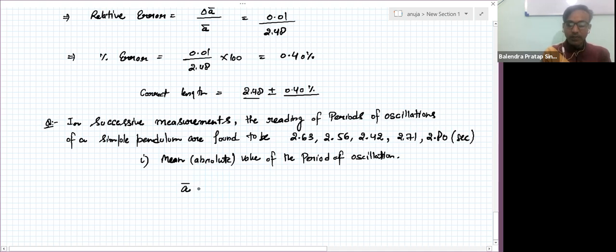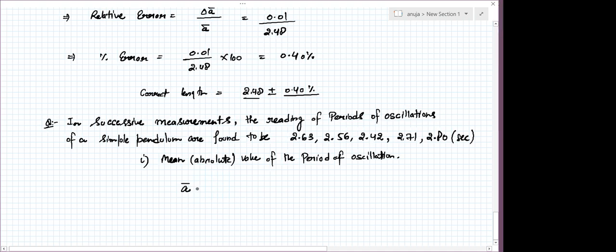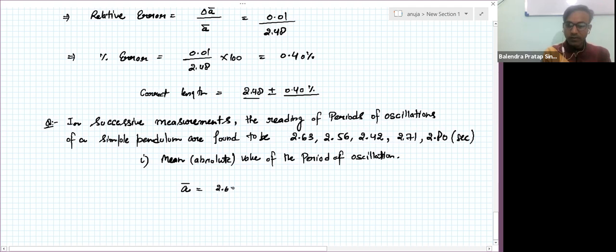Here there are 5 values: 2.63, 2.56, 2.42 plus 2.71, and the last one 2.80, divided by 5. So you will get your mean or absolute value.